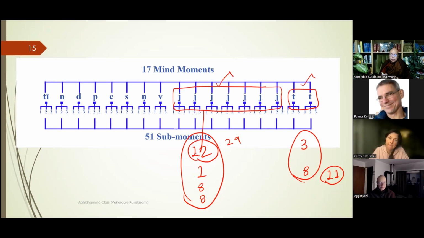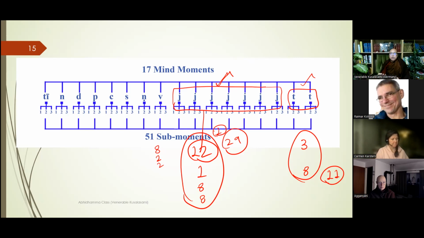Even within the 12 unwholesome, only one consciousness may arise at one moment. For example, one of the 8 greed-rooted consciousness, one of the 2 hatred-rooted consciousness, or one of the 2 delusion-rooted consciousness. So it is one Javana out of the 29.